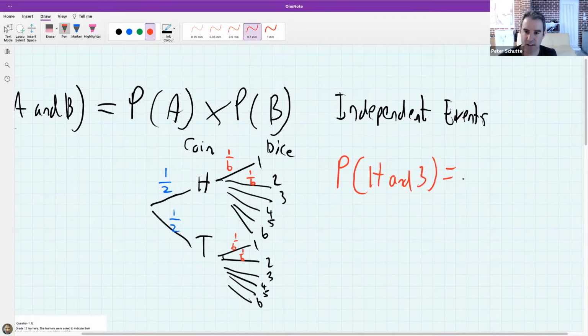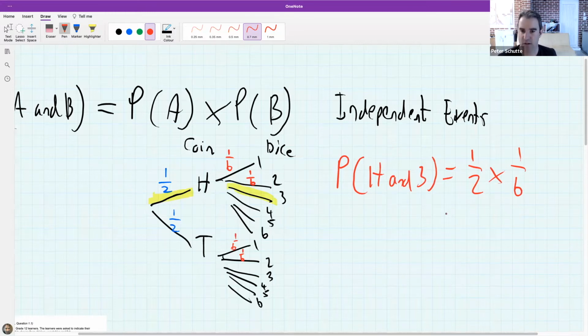What's the probability of getting heads? It's just a half. And what's the probability of throwing a 3? That is just 1 over 6.